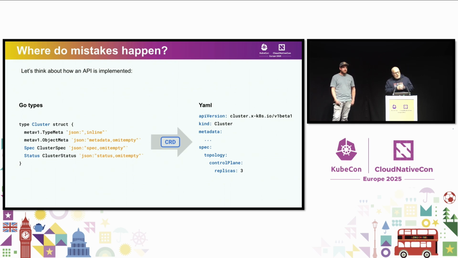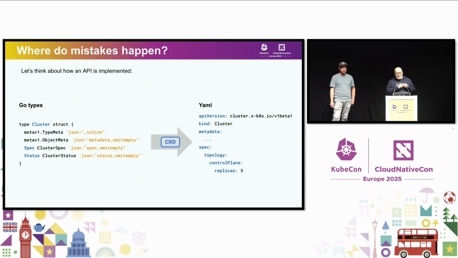So, if you look at this process, where do you think a mistake could happen? On the right side, there are the users. Users, by default, are always right, so they cannot make these mistakes. In the middle, we have the generator. The generator just works well.